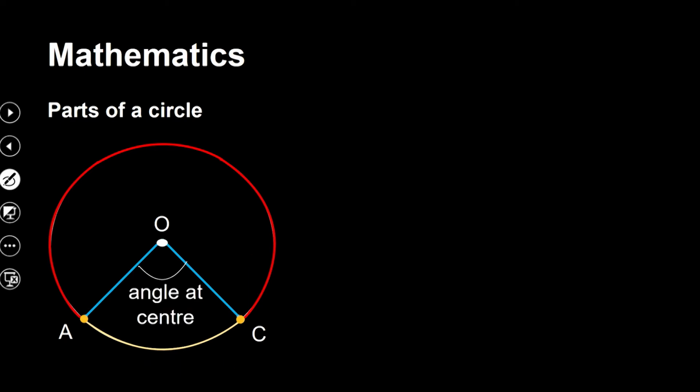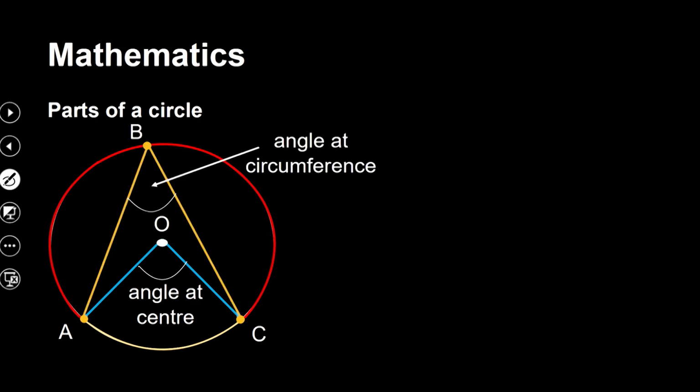But now also we have what we call the angle at the center. The angle at the center will be the angle that is formed by the minor arc, or formed by the minor segment. And then we have the angle at the circumference, which is the one that is in the major arc or the major segment.